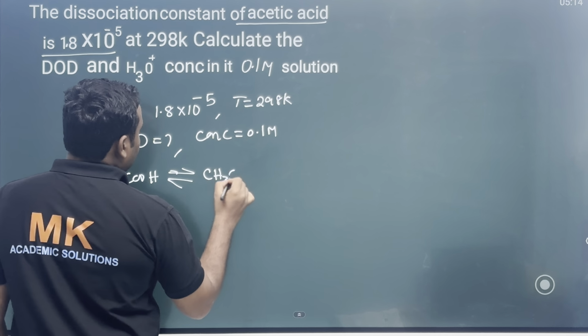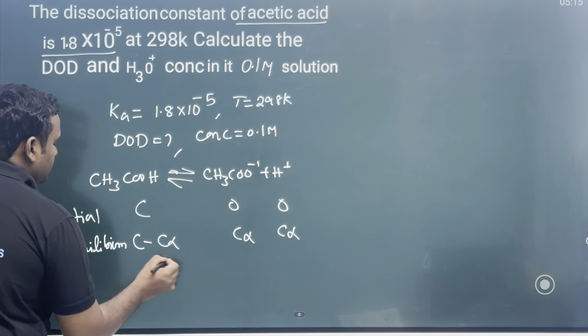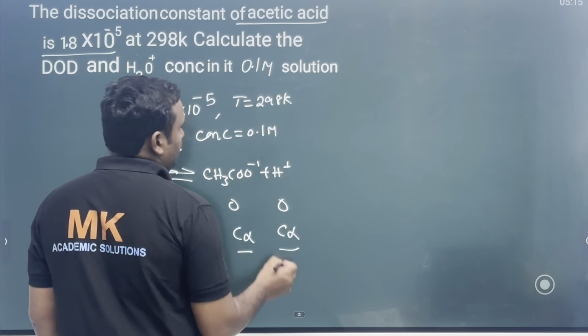So I write the initial concentration as C, 0 and 0. At equilibrium, it is C minus C alpha, C alpha and C alpha.